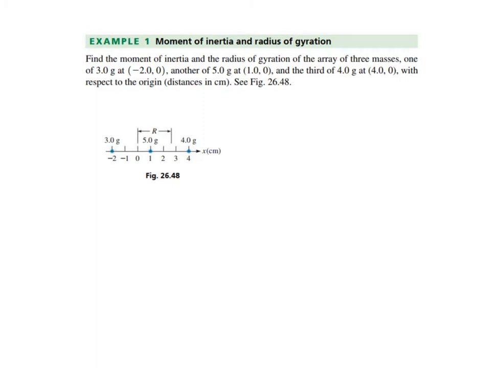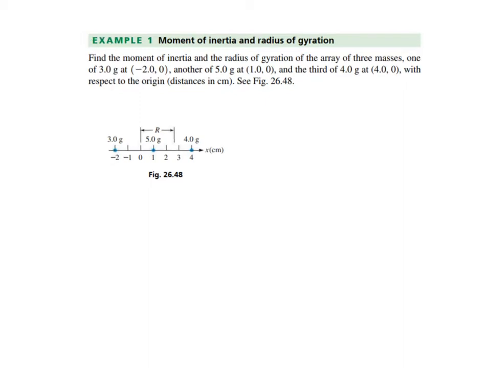We'll start next with an example that doesn't involve any calculus, so that makes it a little bit better, where we have to find the moment of inertia and the radius of gyration for this array here.